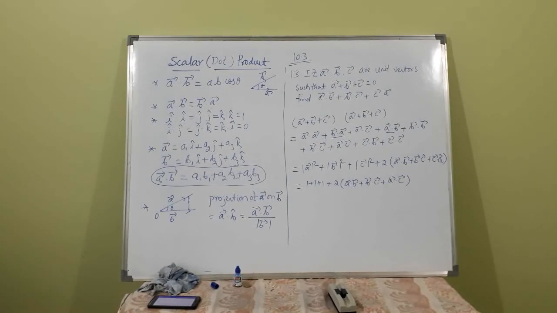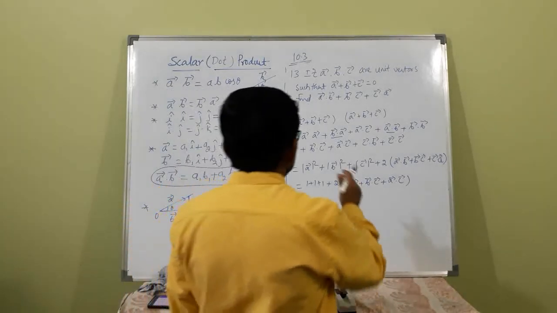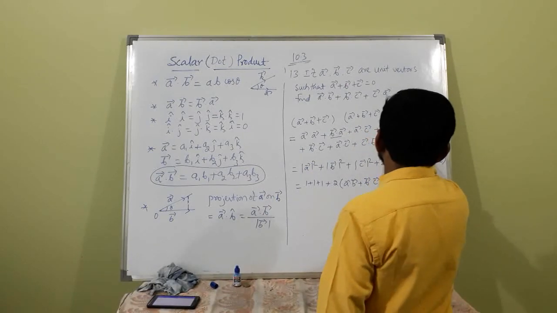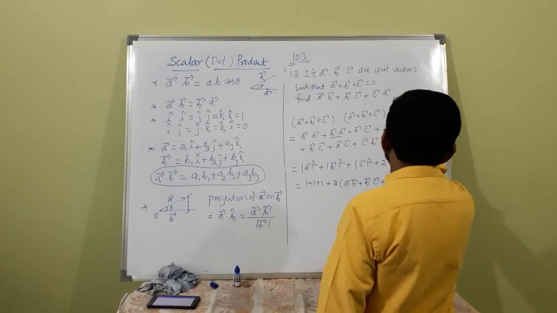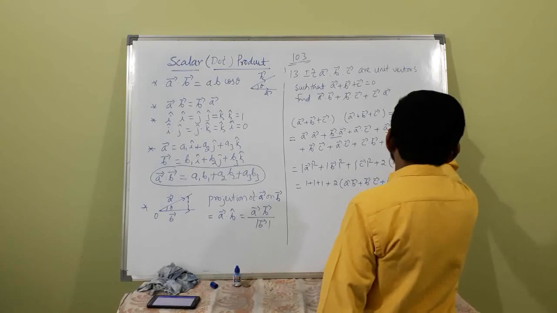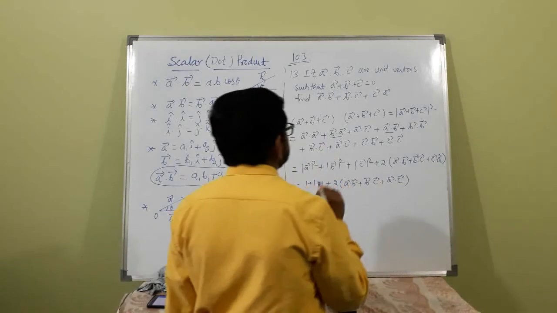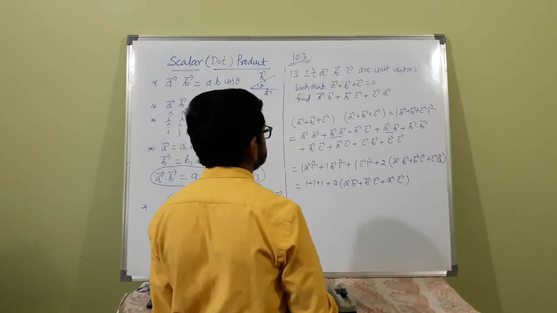Okay, what is that? See, A dot A is modulus of A squared. Similarly, this should be A plus B plus C whole squared, isn't it? That A plus B plus C is equal to 0.